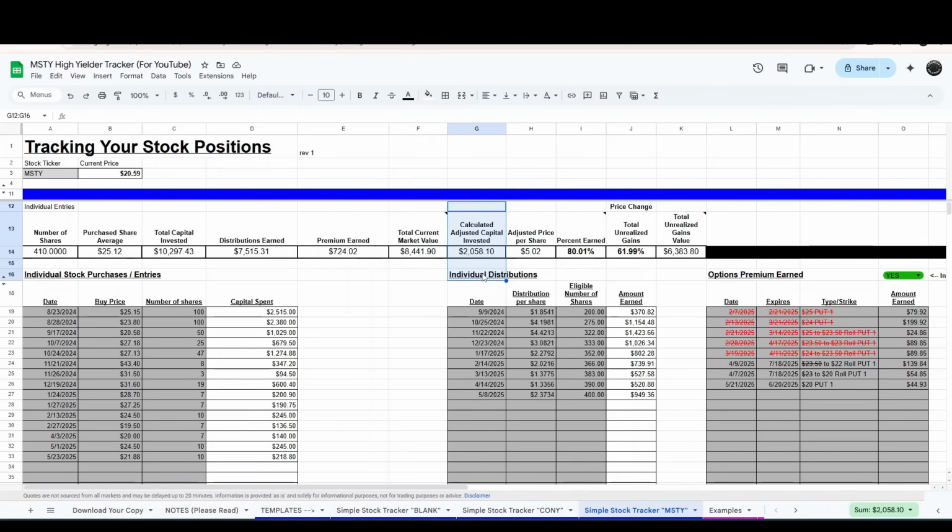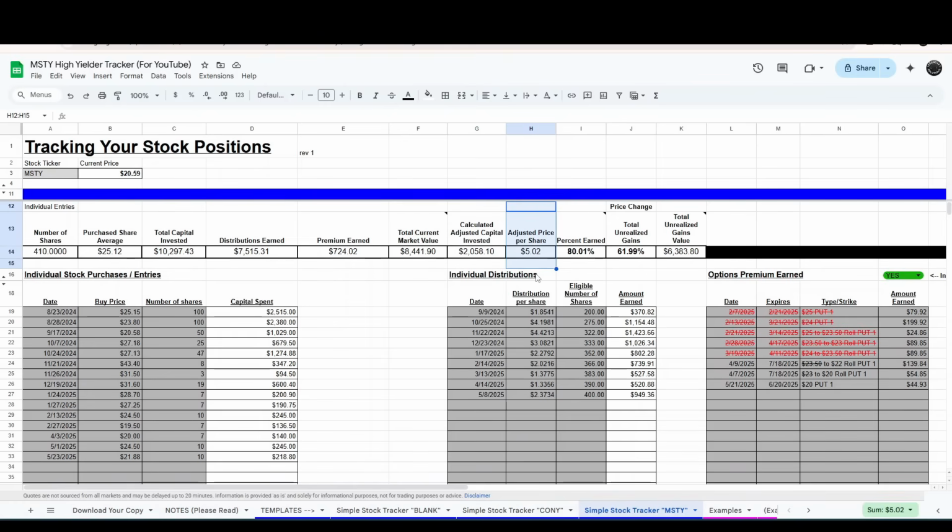That is my total capital invested minus any premium and distributions that I have earned. That means out of all of that, I still have $2,058 of my capital still at risk. So if I take that and divide it by the number of shares that I own, it comes up to an adjusted price per share of $5.02.